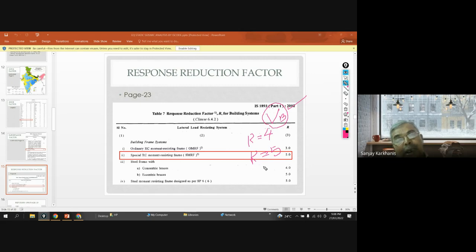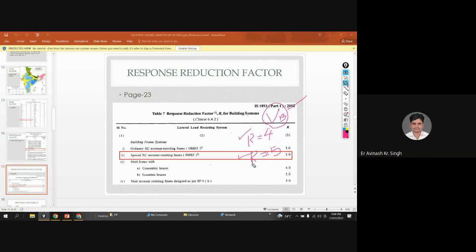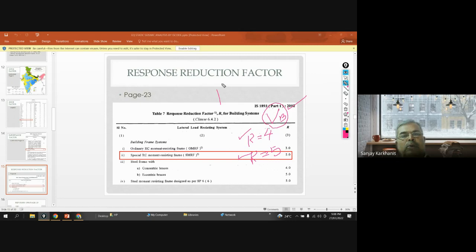But now strictly the code says we are not interested. What you account for is your choice. You may go for R equal to 3 or you may go for R equal to 2. That is your choice. Maximum you can go for R equal to 5. Anything less than this is your choice.